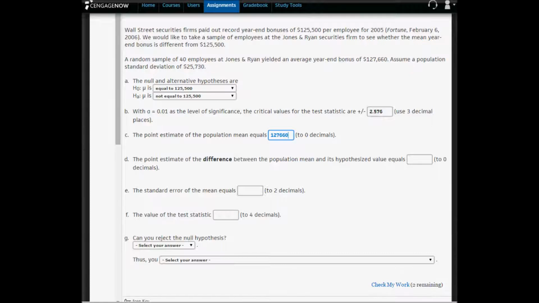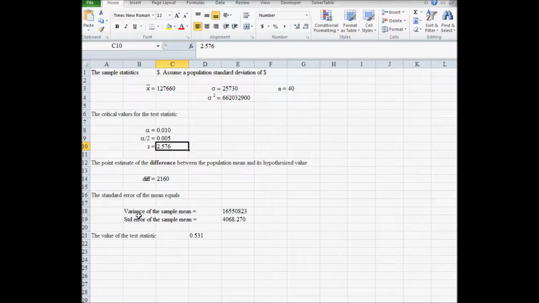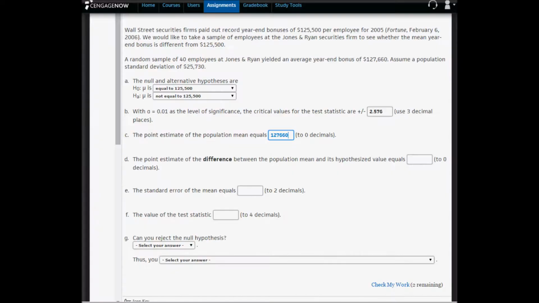I'm going to just enter it as a number because sometimes Cengage is okay with commas and sometimes it's not. The point estimate, the difference between the population mean and its hypothesized value, was equal to 2,160. And both these numbers are to 0 decimal places.